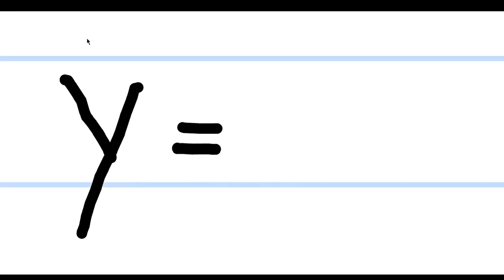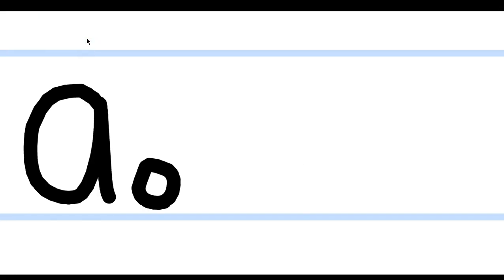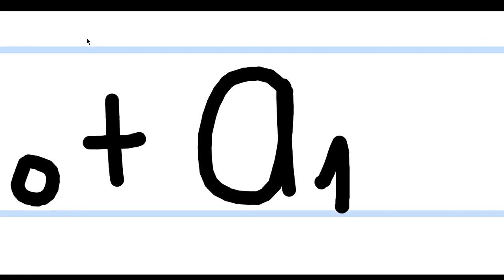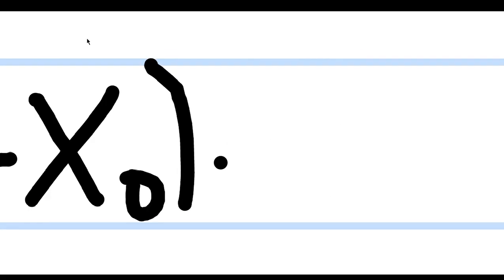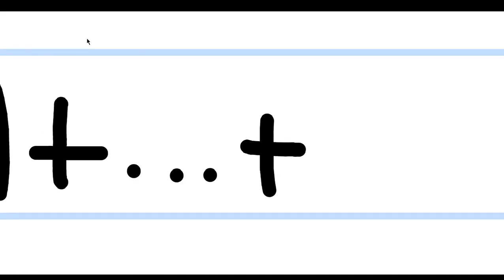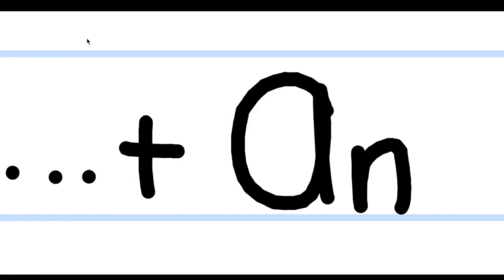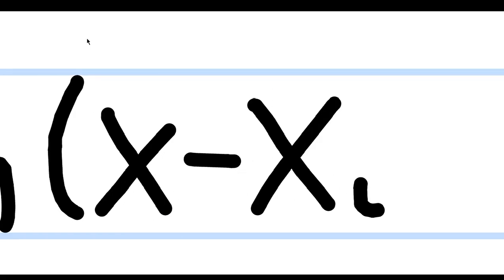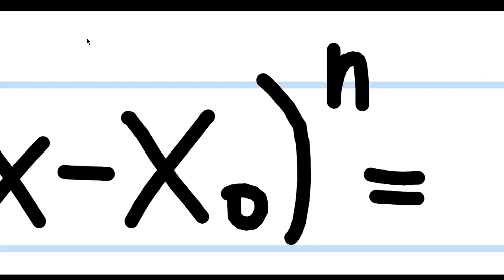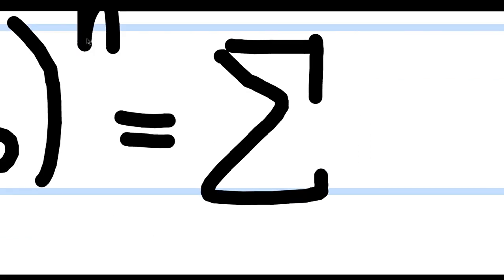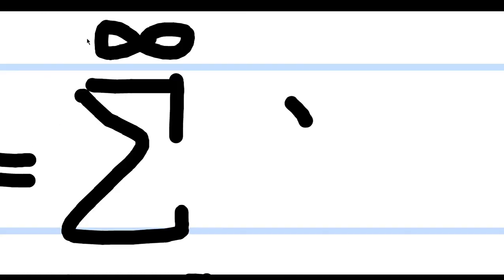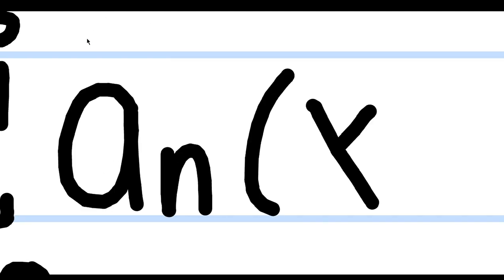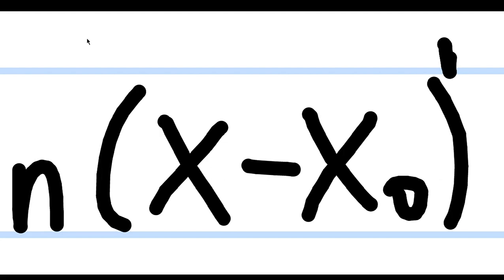That is, y is equal to a sub 0 plus a sub 1 times x minus x sub 0, plus and so on, plus a sub n times x minus x sub 0 to the power of n, and this is equal to a series which starts when n is equal to 0 until infinity of a sub n times x minus x sub 0 to the power of n.